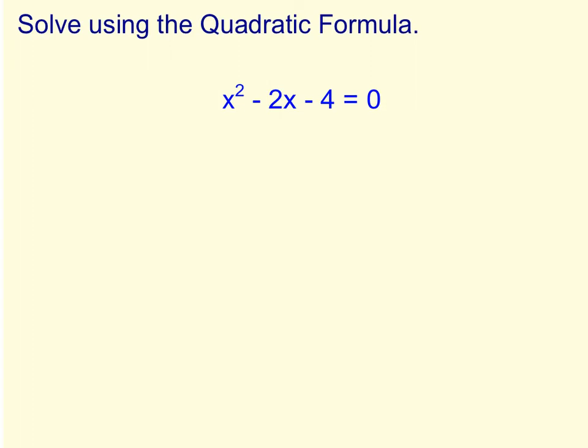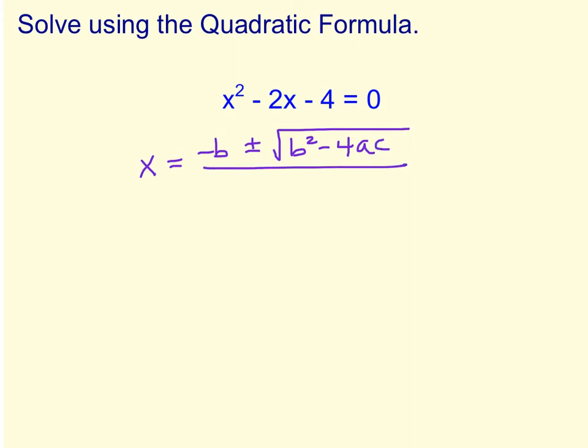All right, this one is already set up for the quadratic formula. It's equal to 0. So that quadratic formula again, x equals negative b plus or minus the square root b squared minus 4ac all over 2a. We've got our a, our b, our c.